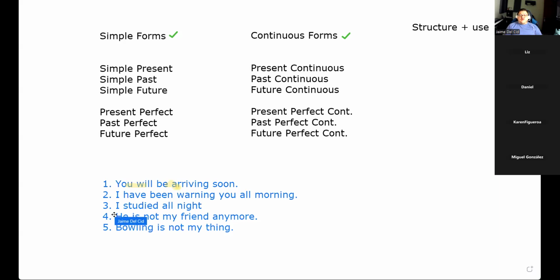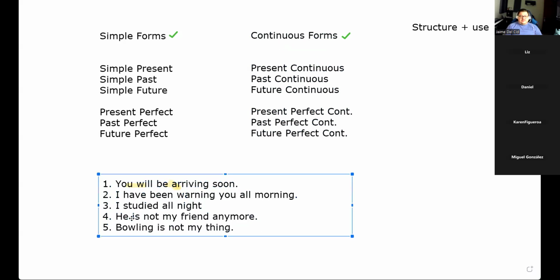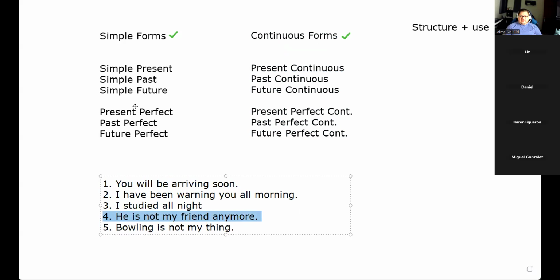So I have sentence 4 and sentence 5. Sentence 4. Is this a continuous form? It is not. This is a simple present with the verb be form. He is not my friend. Why is it not a continuous form? Because it doesn't have the ing verb plus the verb be. It only has the verb be, but no ing verb or ing form.